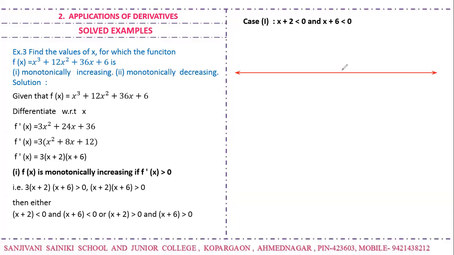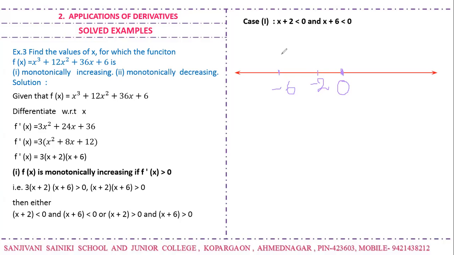Suppose here there is the origin 0. Now take x equal to minus 2, then here there may be minus 6.